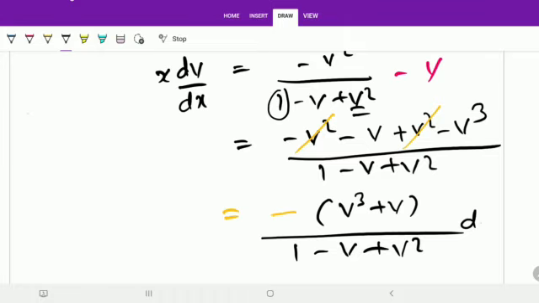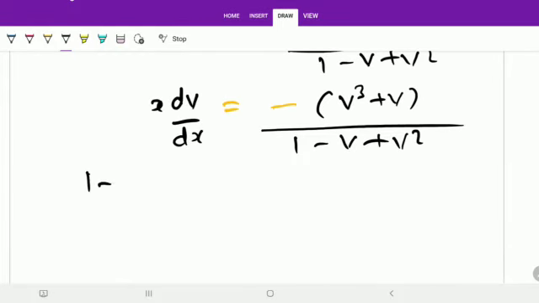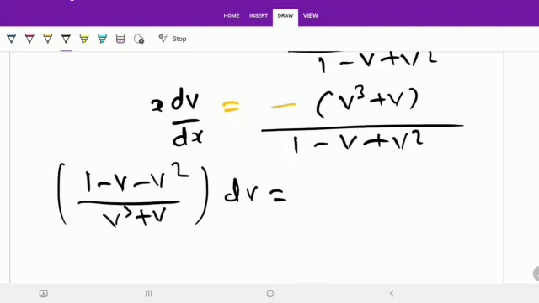It looks like this. Okay, so we just observe a few things here. This is now x dv by dx on the left hand side. So we keep all v on the left hand side. So I just get this 1 minus v square here in the numerator. The denominator we have v cube plus v. dv I keep here, and this is 1 by x dx.